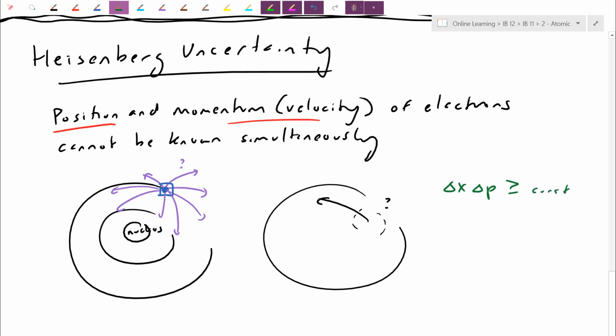The notion is that you can't know the position infinitely well and the momentum, or velocity, both well, because their product has to be bigger than a constant. If you can locate where the electron is, so the uncertainty in position is low, the uncertainty in momentum will increase.